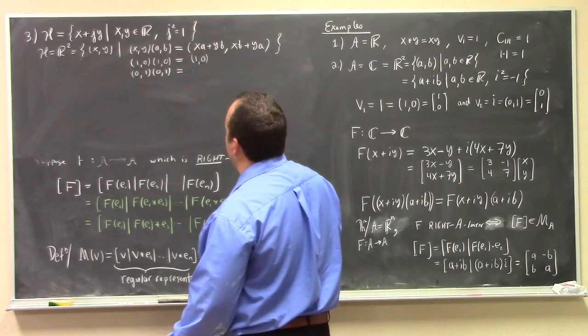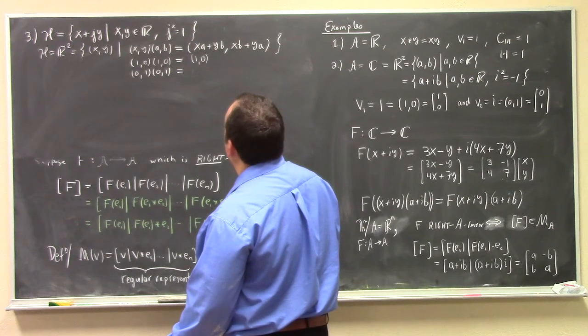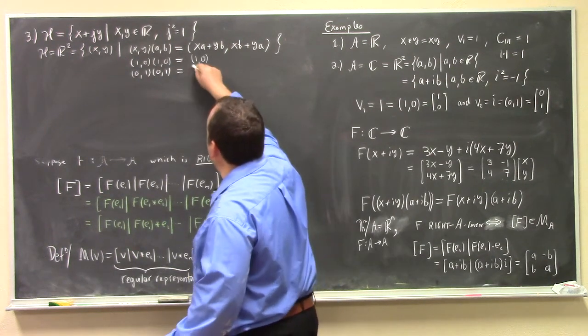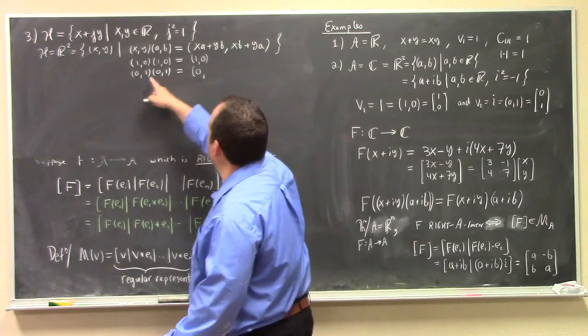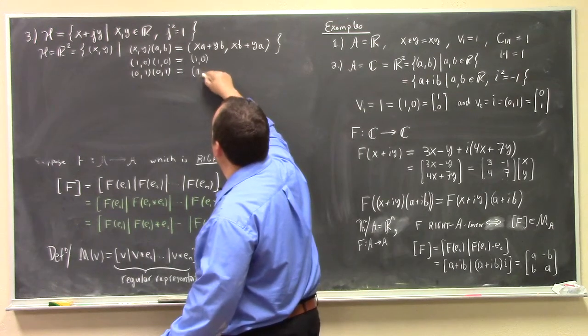Here x is 0, a is 0, so xa is 0. Then y is 1 and b is 1. For the first component, we get 0 plus 1, so 1. Oh wait, y and b are both 1, so it should have been 1.